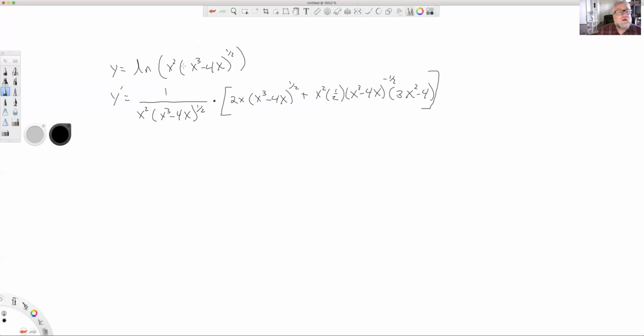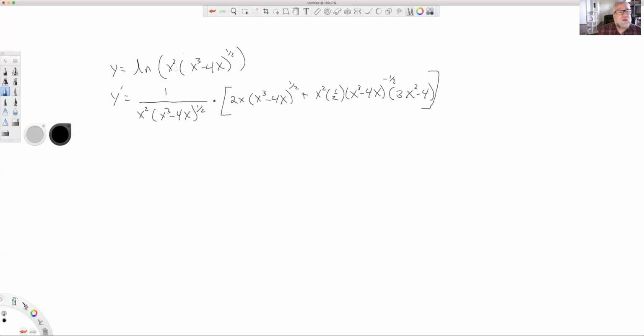So again, I did 1 over this, it's down here. And then I did the product rule, took the derivative of x squared, so that gives me a 2x, times this, it stayed the way it was, plus this one stays the same, and I do the derivative of the second one.